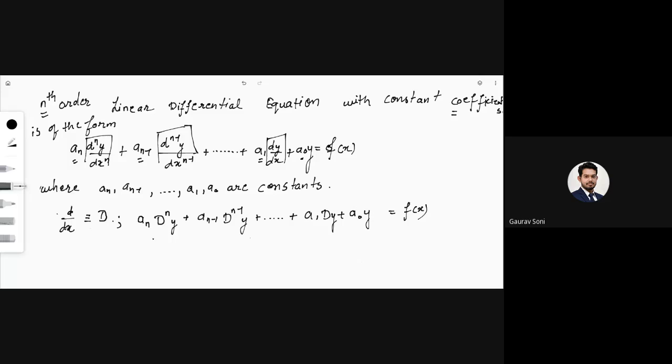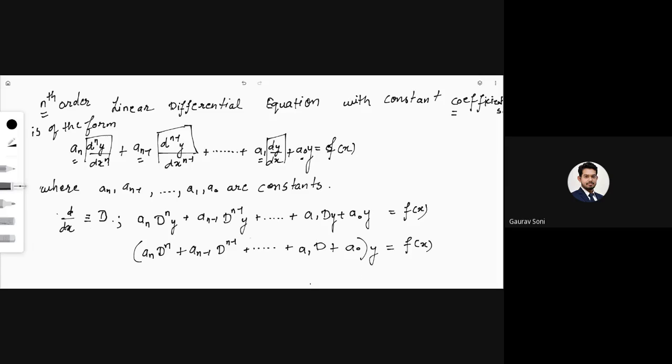So in this case what I can do is I can take y common. So in bracket what do I get? An D raised to n plus an minus 1 D raised to n minus 1 plus up to a1 D plus a naught, bracket complete, y is equal to f of x.